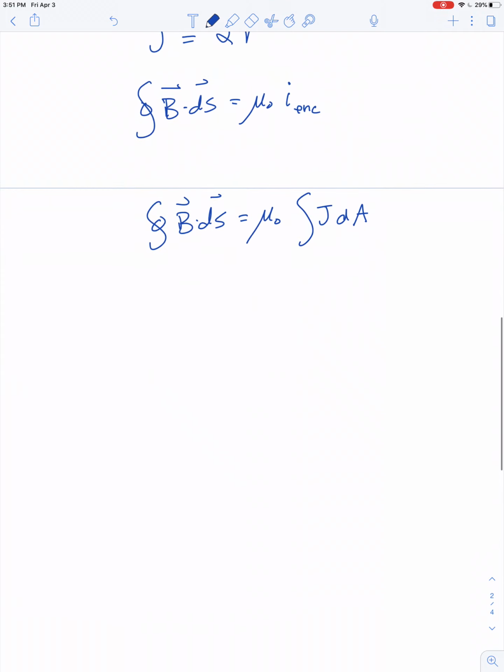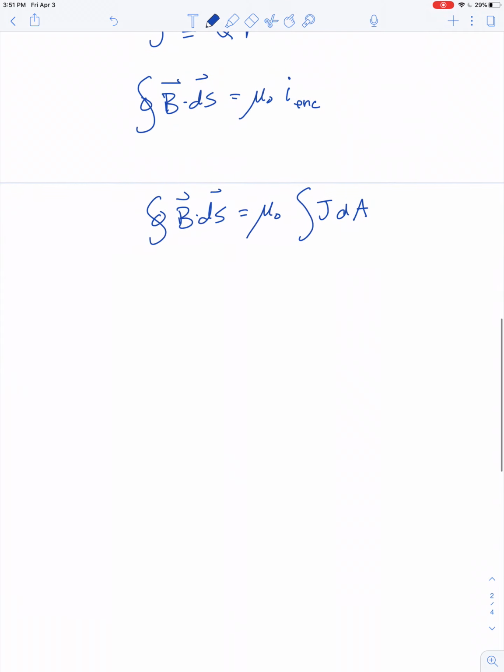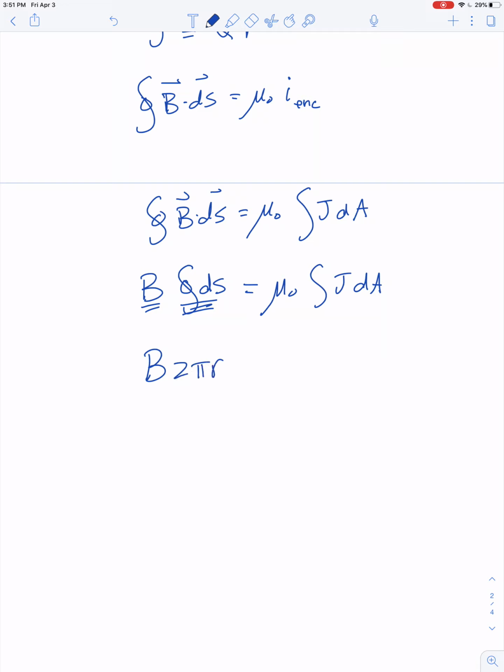Now we'll always choose an Amperian loop such that the magnetic field can be taken out of the integral. And so the left side of the equation will always work out in the same way. It's just going to be B multiplied by whatever the length of your Amperian loop is. If my Amperian loop is a circle, then this becomes B times 2 pi r.